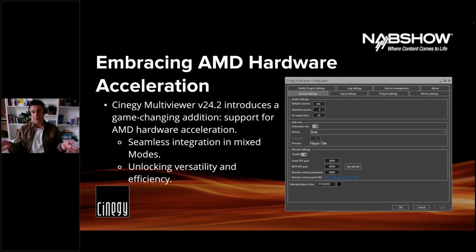So the integration is seamless, and it offers the mixed modes, and that of course pushes up the versatility and efficiency that you can squeeze out of your Multiviewer server.